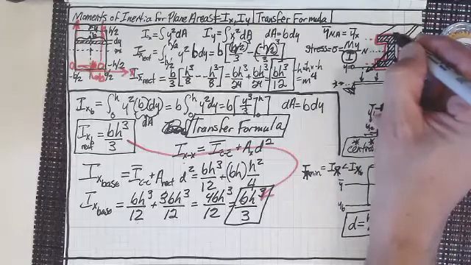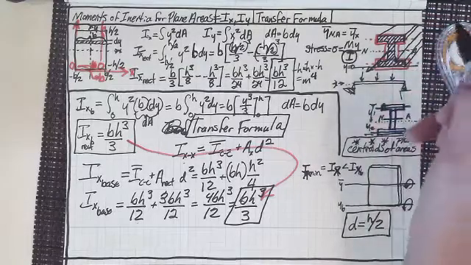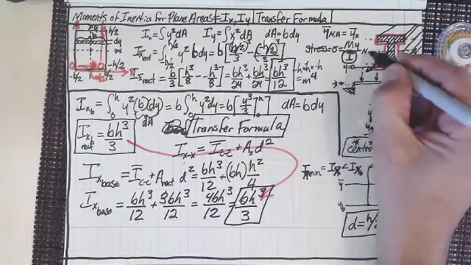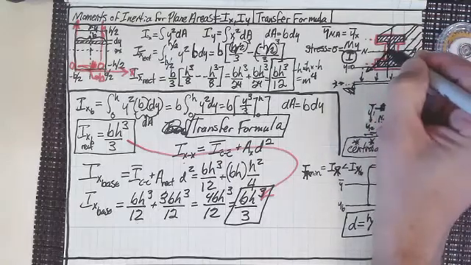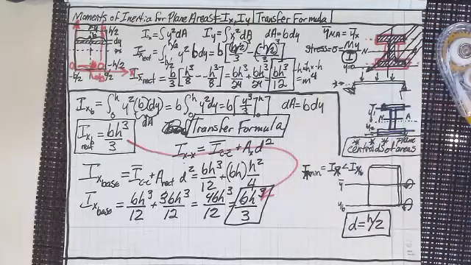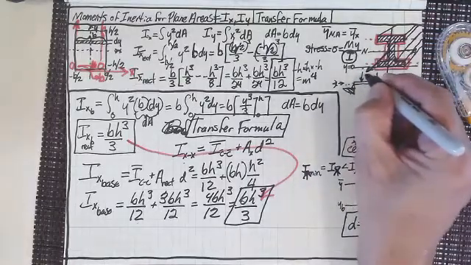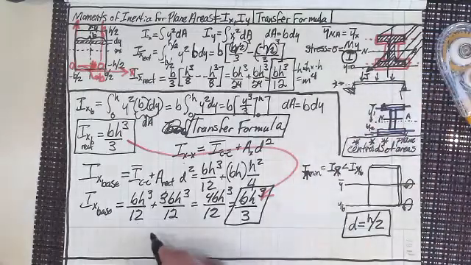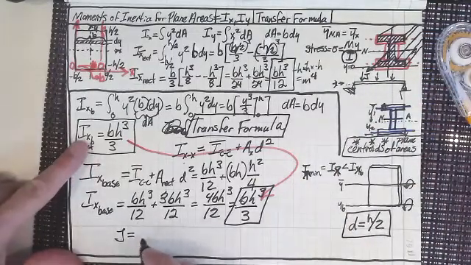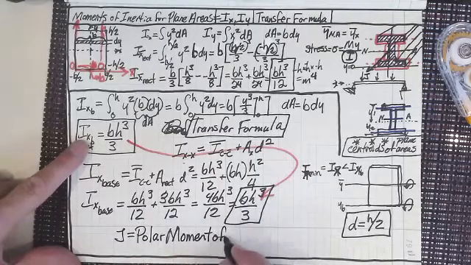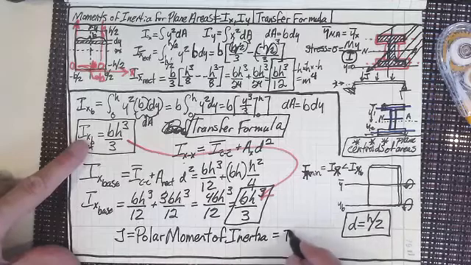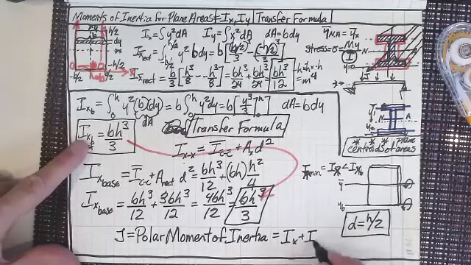And so the different moments of inertia that we're going to have are a moment of inertia about the x-axis, a moment of inertia about the y-axis, and a moment of inertia about the z-axis. The moment of inertia about the z-axis is called J. J is the polar moment of inertia, and it equals I sub x plus I sub y.